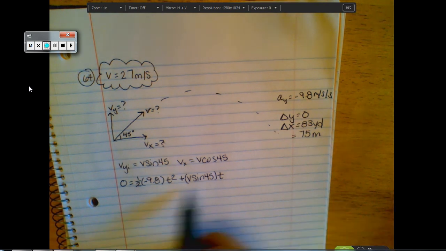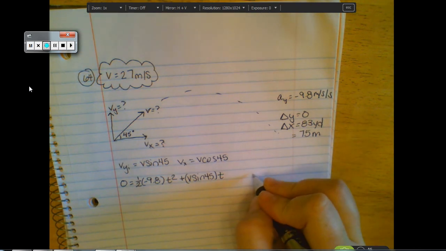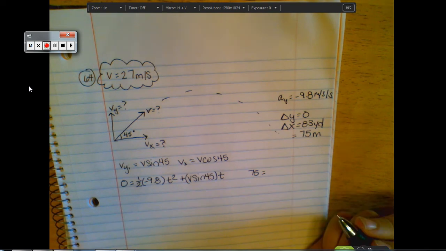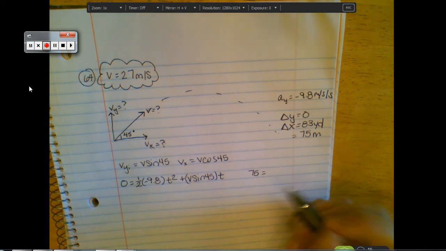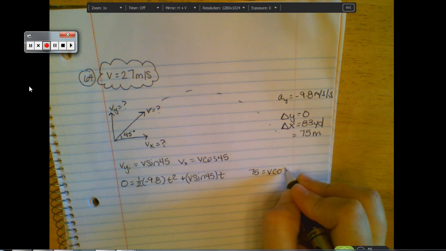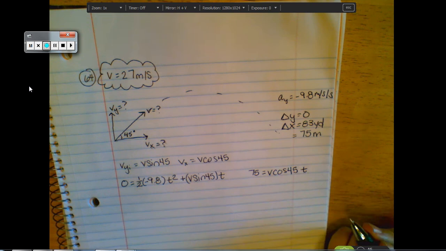Okay, here I have two variables, V and t. So now I'm going to do my delta x. So delta x is 75 meters equals Vx times time, so V cosine 45 times t.